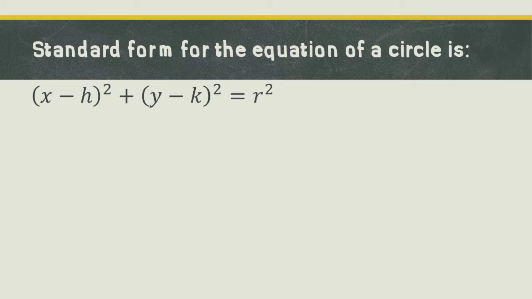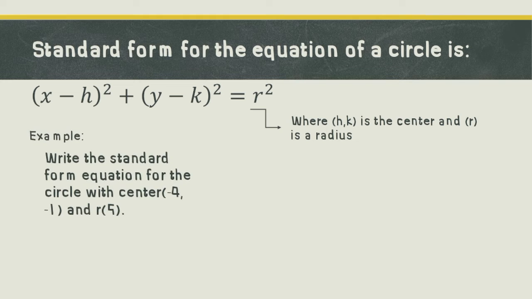Standard form for the equation of a circle is x minus h squared plus y minus k squared equals r squared, where h and k is the center and r is a radius.